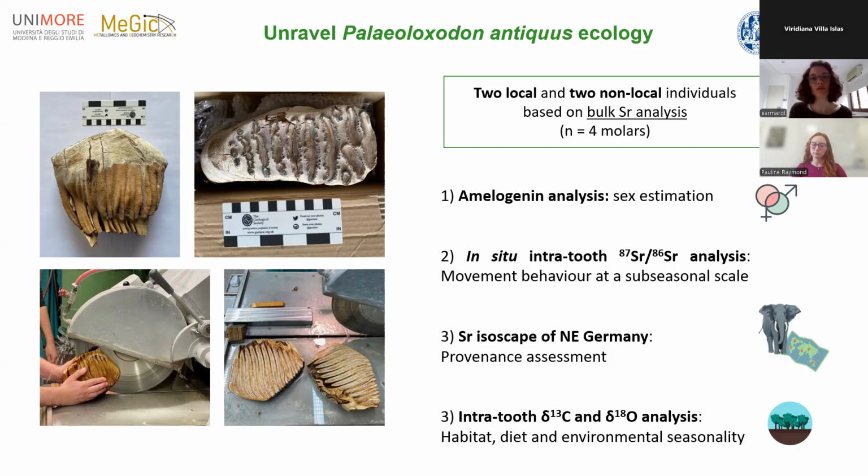So we selected 2 local and 2 non-local elephants for the analysis, which involved both amelogenin analysis, as I told you, for sex estimation, and in situ laser ablation strontium isotope analysis to assess the movement behavior at a subseasonal scale.